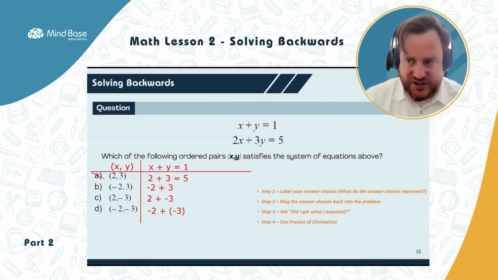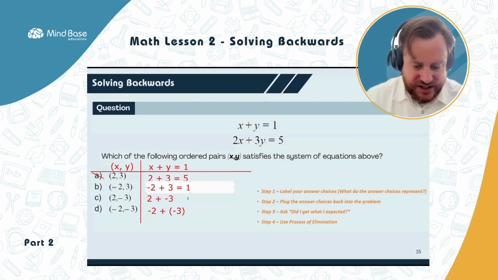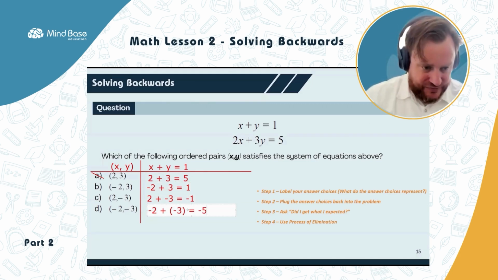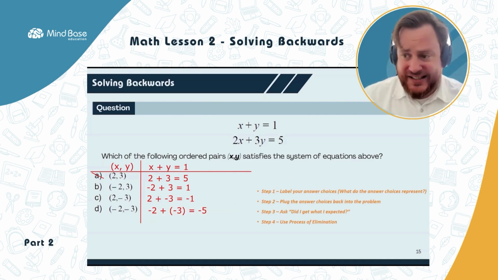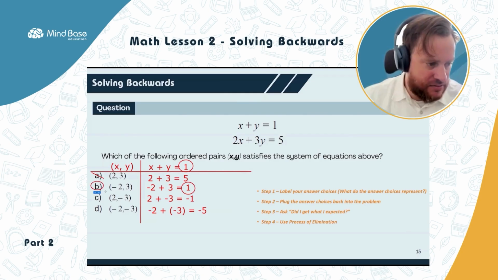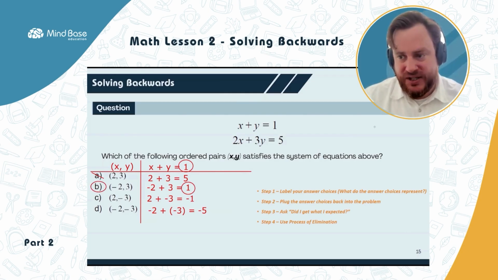Answer choice A gives us 5. Answer choice B gives us 1. Answer choice C gives us -1. Answer choice D gives us -5. Now, what was I expecting to get? I was expecting to get 1. And that's why answer choice B is the correct answer.